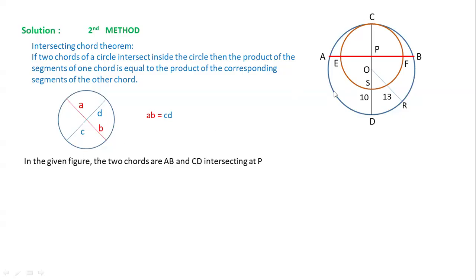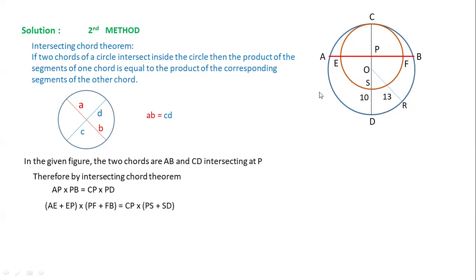So as per this theorem, therefore, by the intersecting chord theorem, it should be AP into PB is equal to CP into PD. Clear?